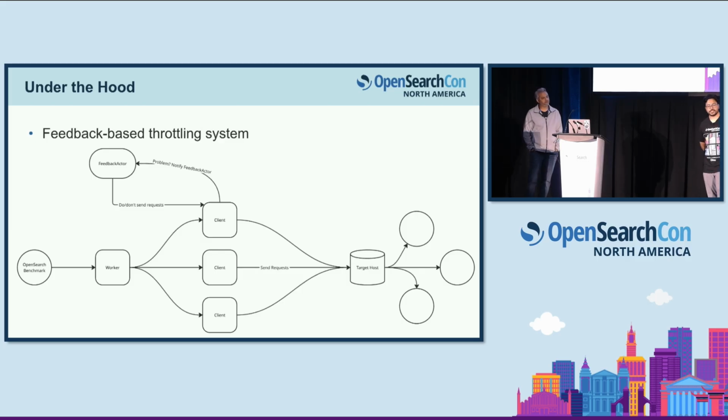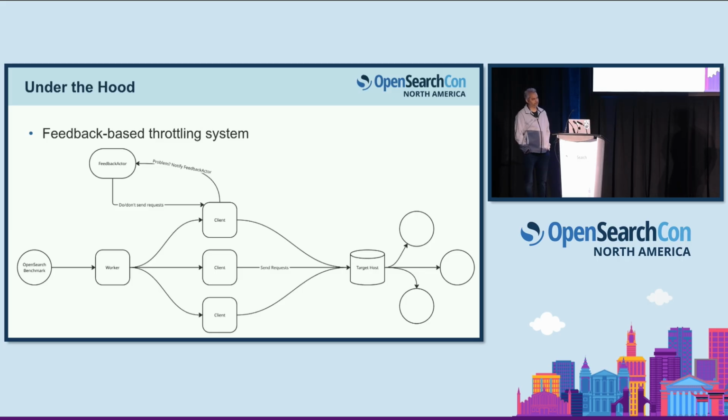This queue is thread safe, and it's constantly monitored by the feedback actor. If the feedback actor detects any error messages in the queue, it's going to take action and scale down the amount of traffic being sent to your cluster.